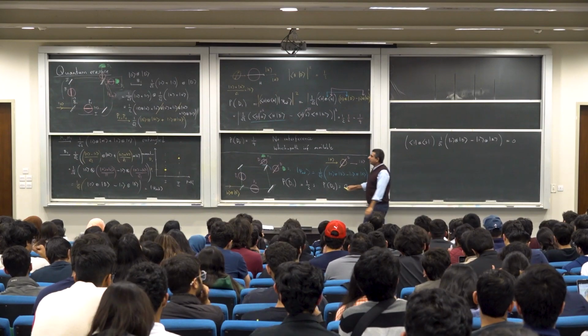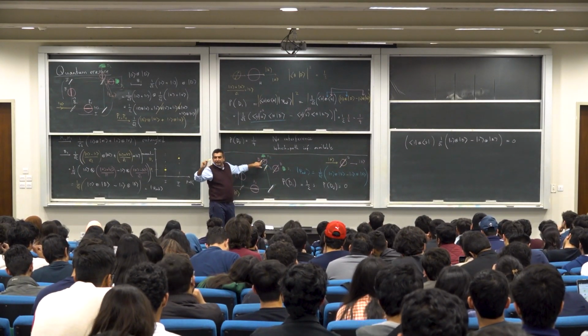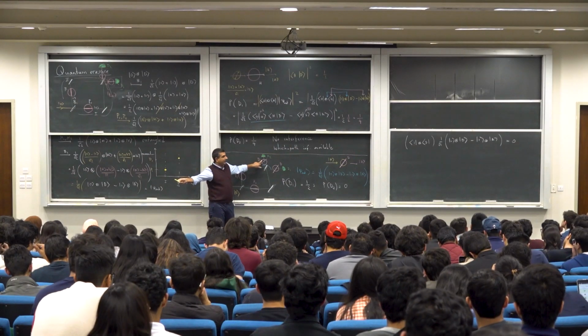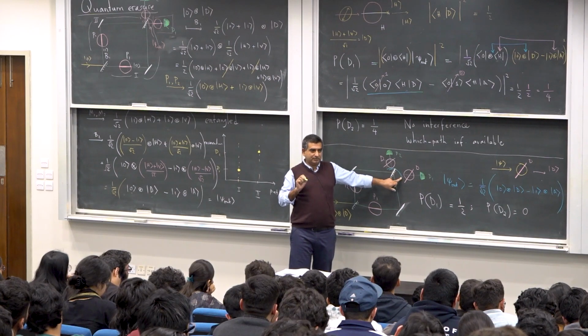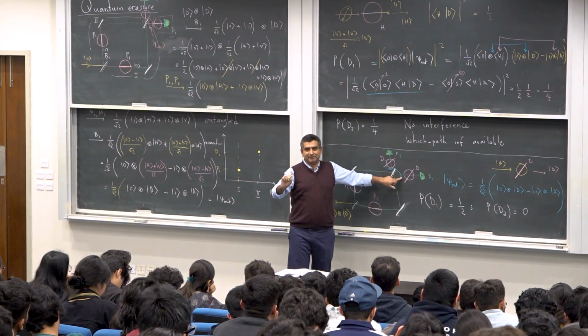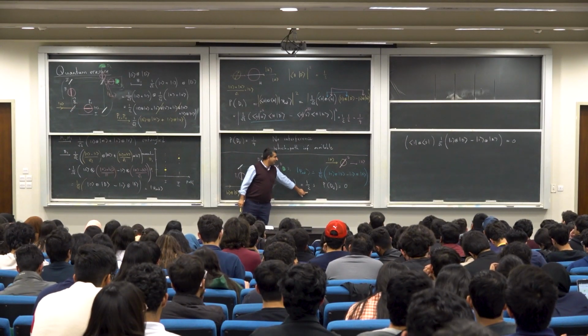So no photon emerges here. No photon comes out here whatsoever. Only a photon comes out on detector D1.